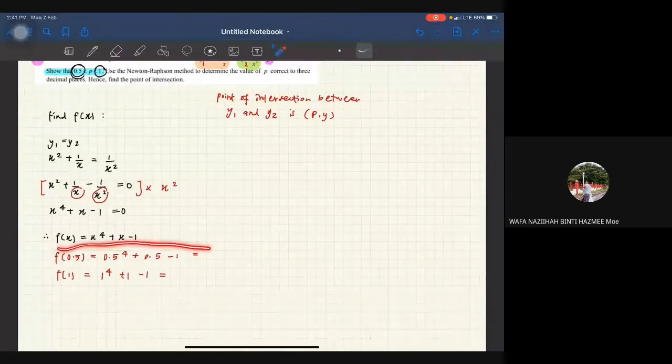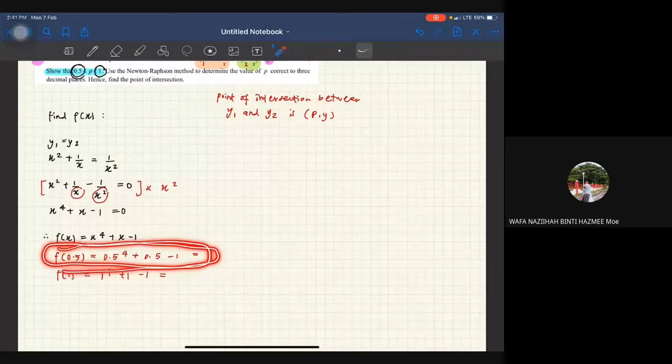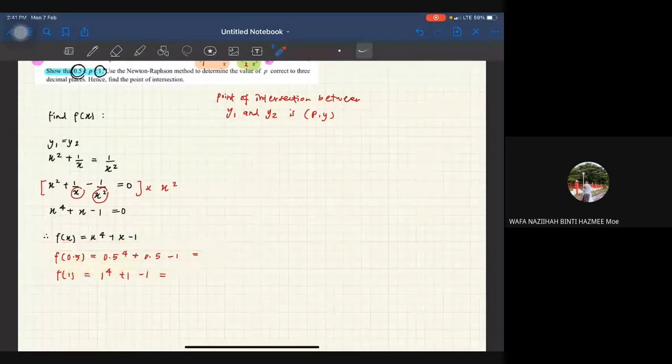This one dapat apa? Can anyone tell me? Negative 0.4375. Okay, thank you. So negative 0.4375. Okay, so this one is a negative number.